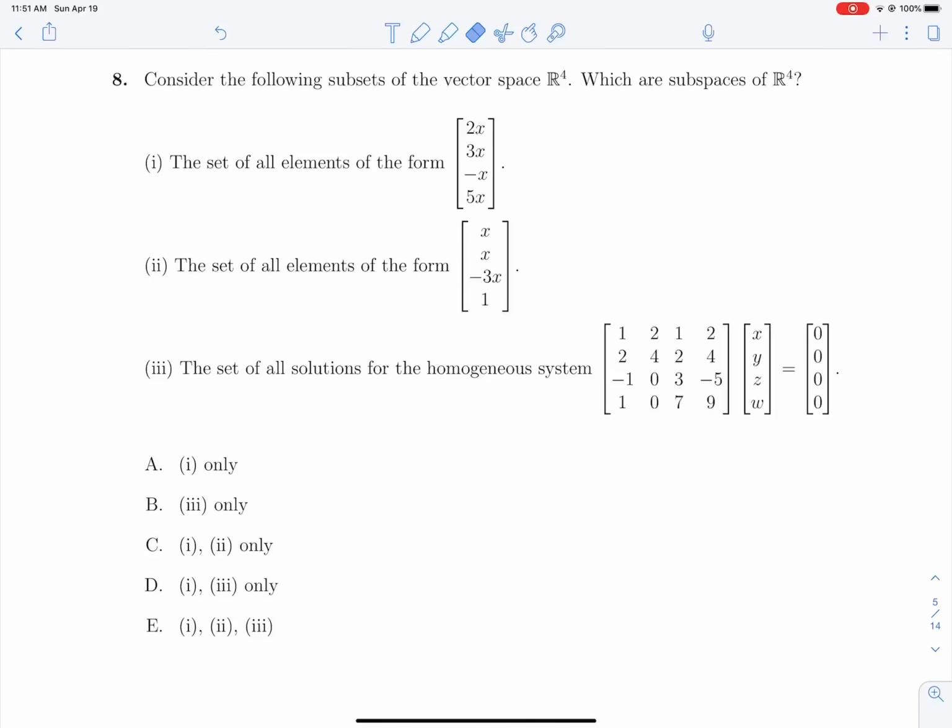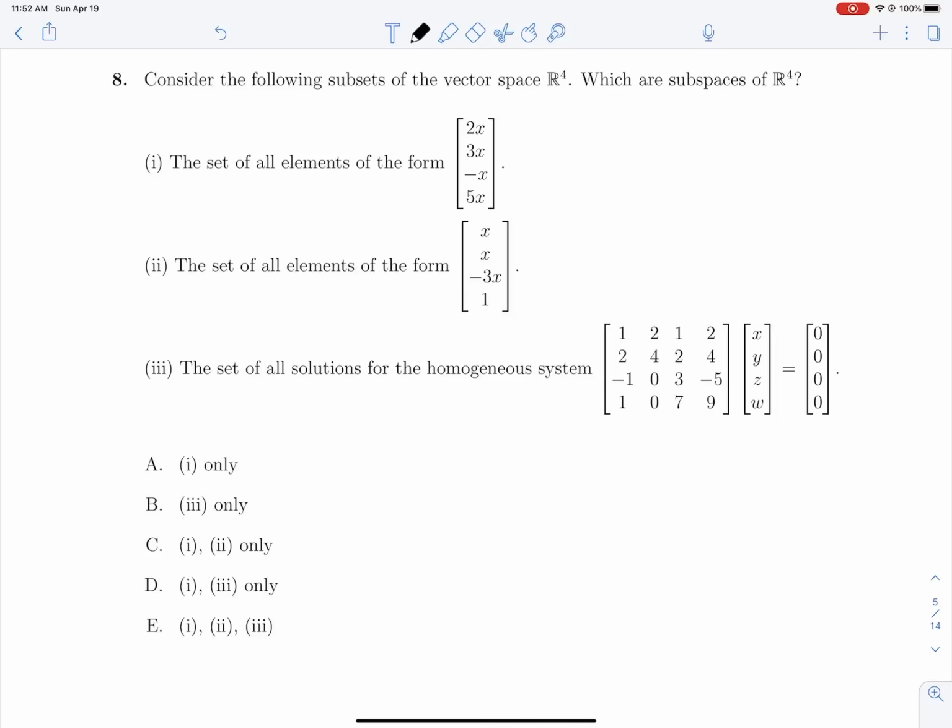So we don't pass through the origin, and thus our space is not closed under scalar multiplication, because if we multiply by some constant where that constant's equal to 0, we will jump out of the space, and we won't be in that subset anymore.